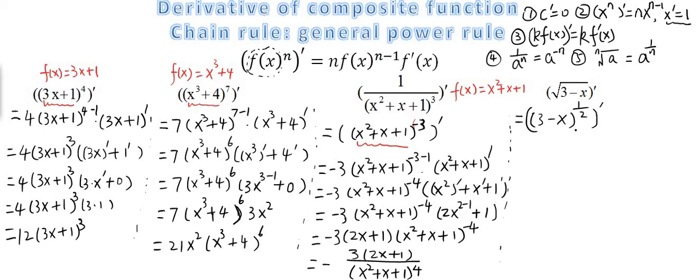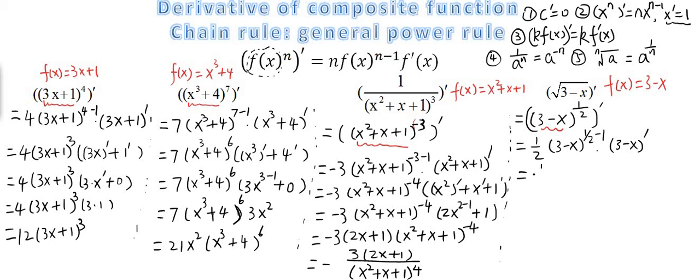Okay, then we can identify the f(x). That is 3 minus x. So we're gonna plug in here. The n is 1/2. We just copy it, 1/2, and (3 minus x) to the power 1/2 minus 1 times f'(x).